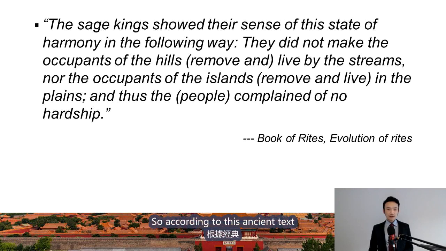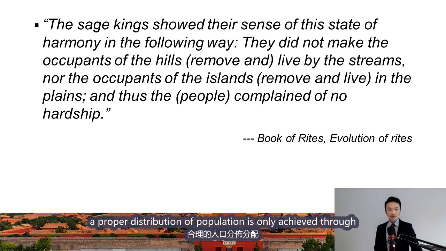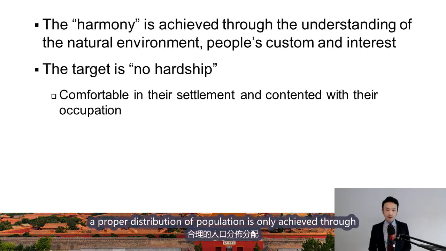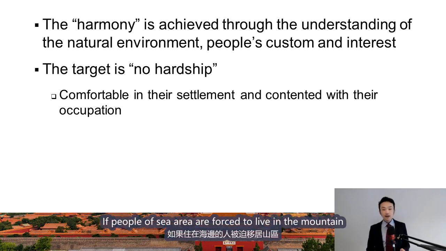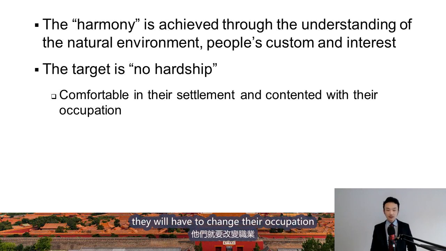So, according to this ancient text, a proper distribution of population is only achieved through a thorough understanding of local environment as well as people's custom and interest. If people of the sea area are forced to live in the mountain, they will have to change their occupation, right?